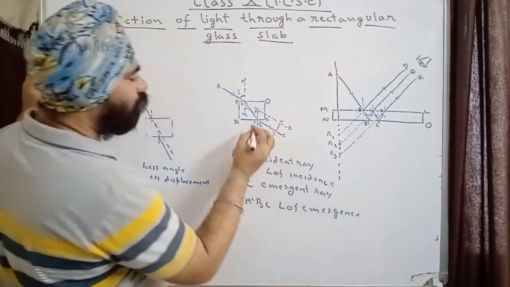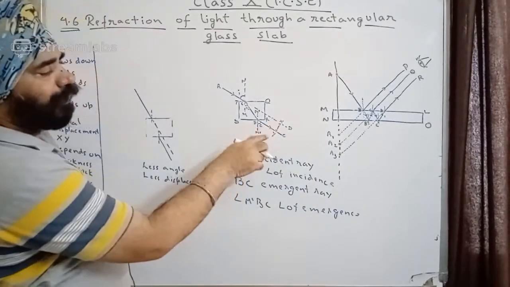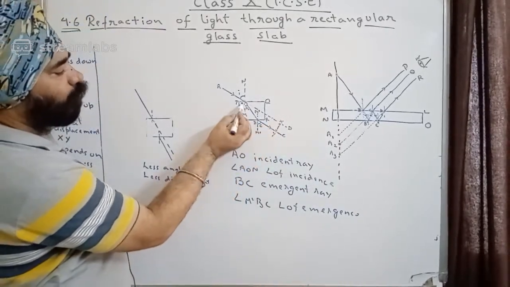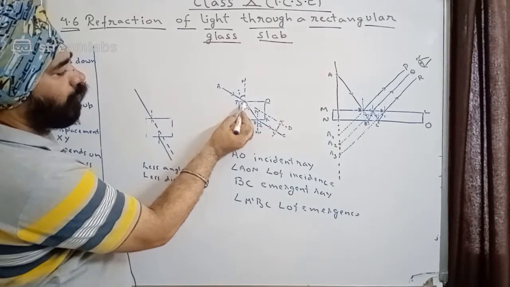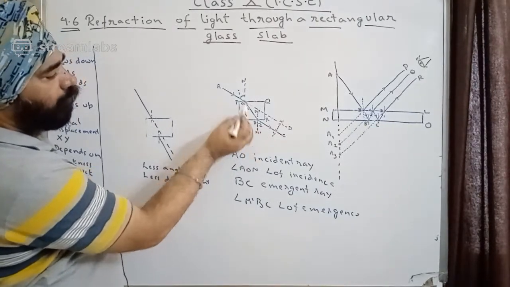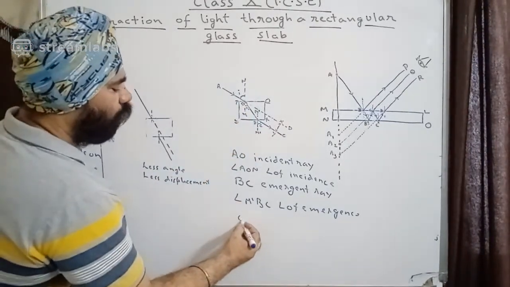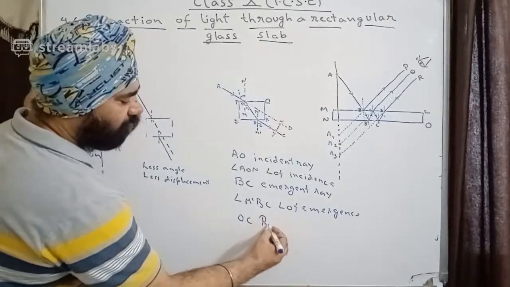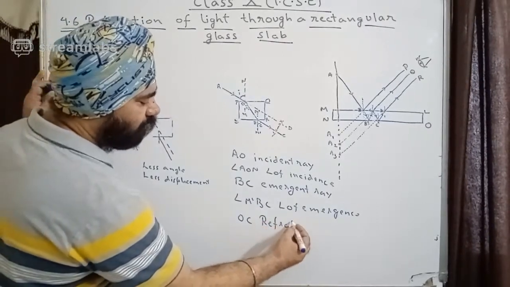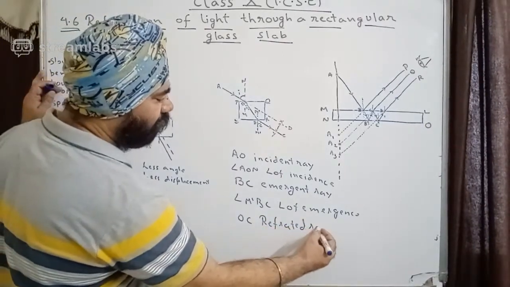Got it? Now I join the point where it was coming out with point O, and the ray OB is the refracted ray.